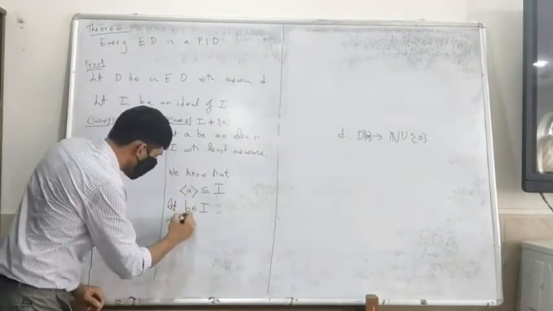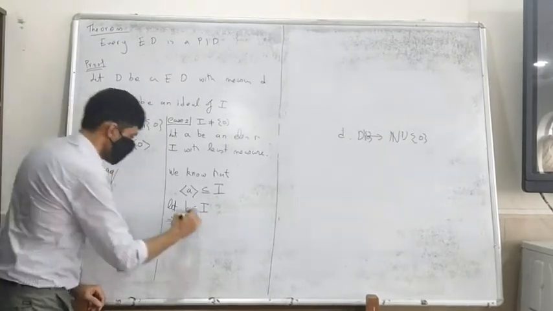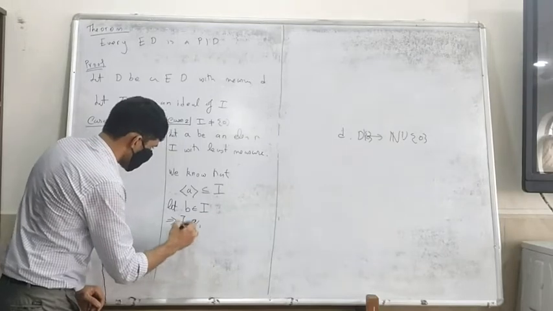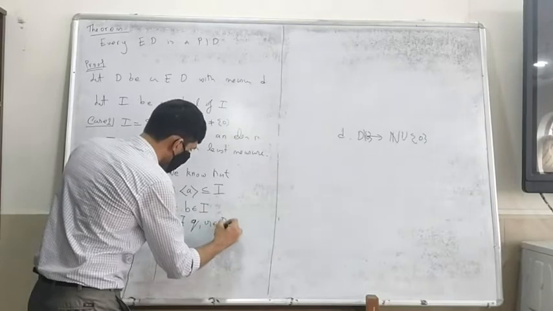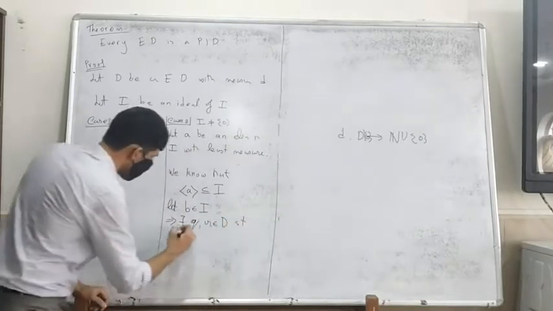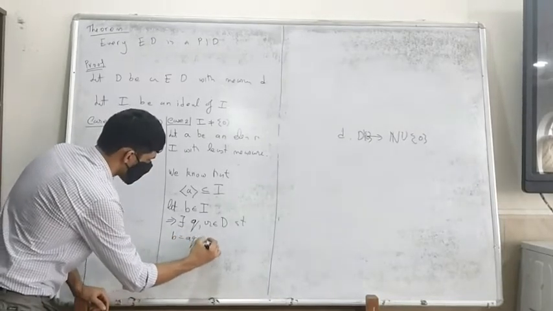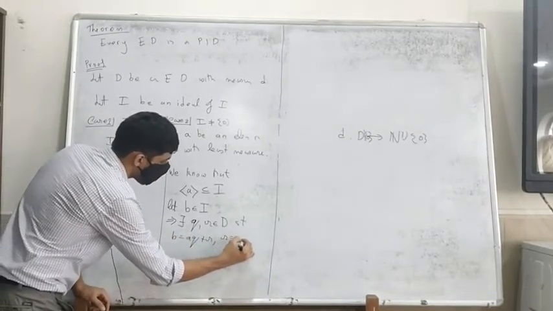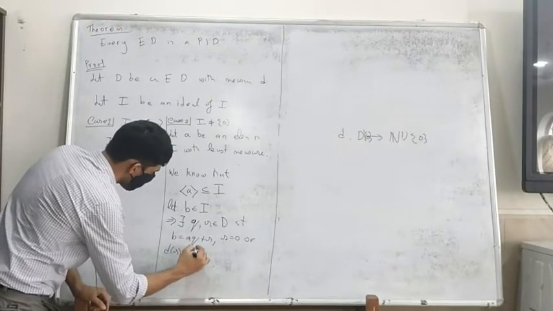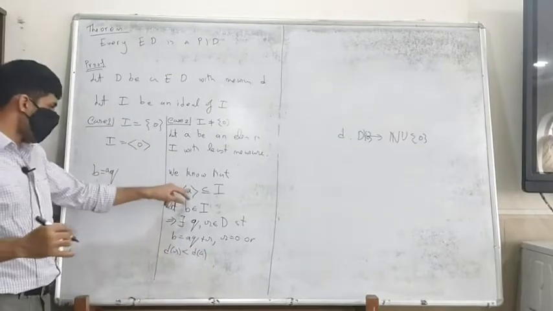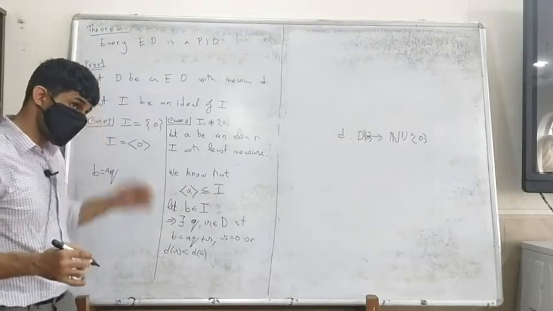There exist some Q and R in D such that B can be written as AQ plus R, where either R is 0 or D of R is strictly less than D of A. Okay, 0 has no measure.